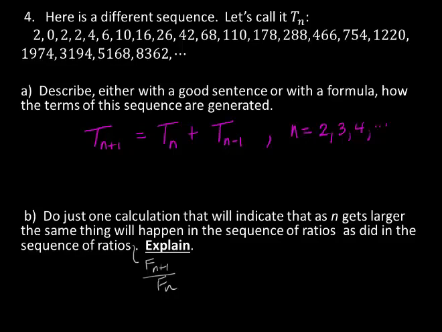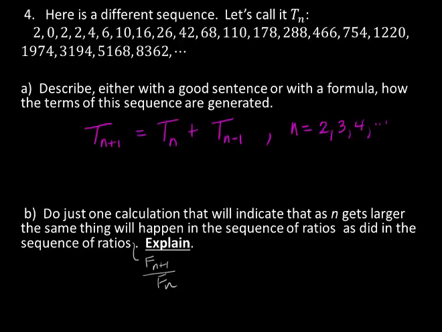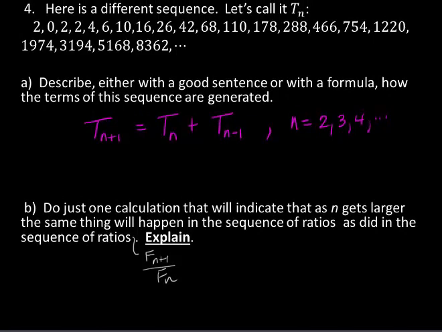Okay, so let's talk about this for a minute, and then we will do one calculation. Well, what did happen in the sequence of ratios? In the Fibonacci sequence, if you go out far enough, 15, 16 terms, and you divide a term by the one before it with your calculator, like maybe you take f sub 20 and divide by f sub 19, you're going to get a number that is very close to phi, 1 plus the square root of 5 over 2, 1.618.